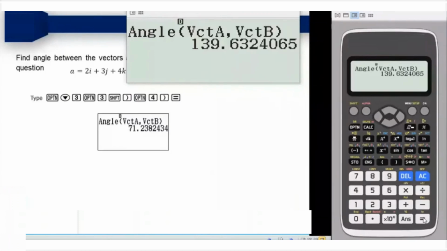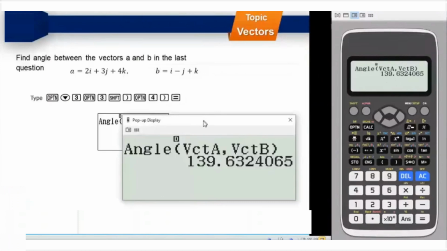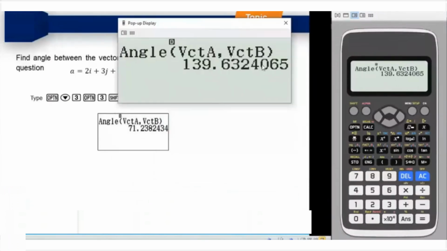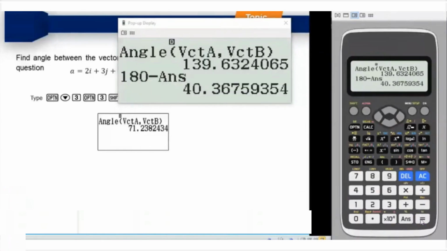Now at times the question tells you to find the acute angle, but your answer is obtuse. Sometimes the question asks you to find the obtuse angle, but your answer is acute. In that particular case, all you need to do is subtract the angle from 180 and you will get the obtuse angle or the acute angle, whatever is desired.